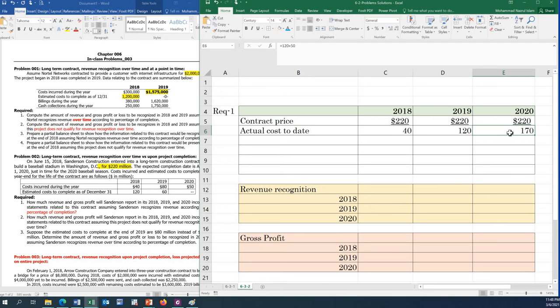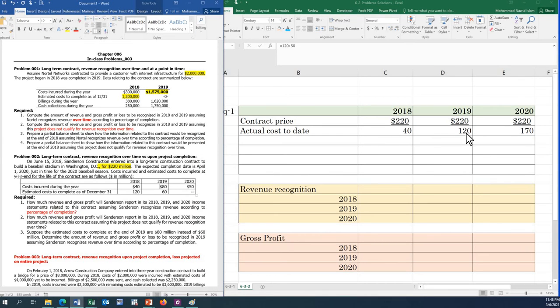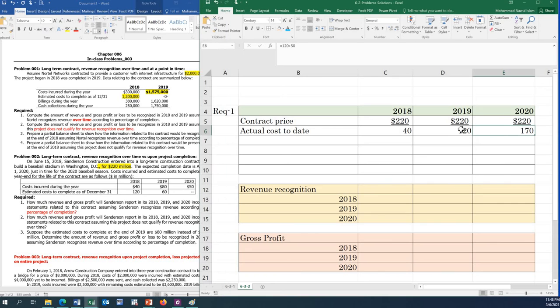Have you seen that? This 170 is the sum of this 50 plus 120, and this 120 is the sum of this 40 and this 80.